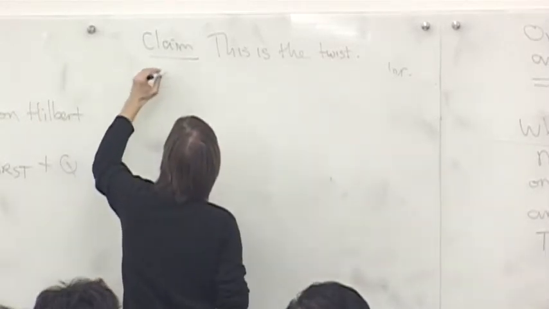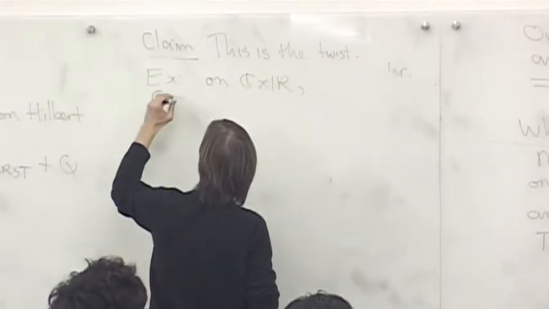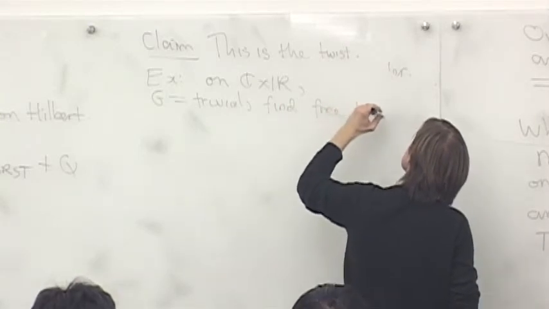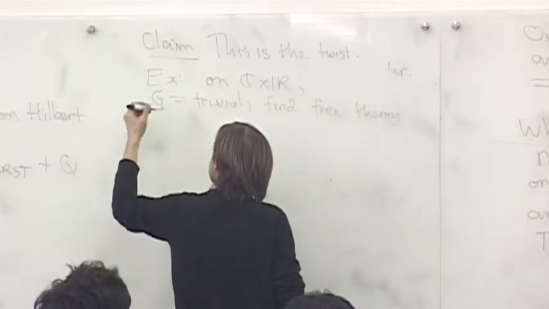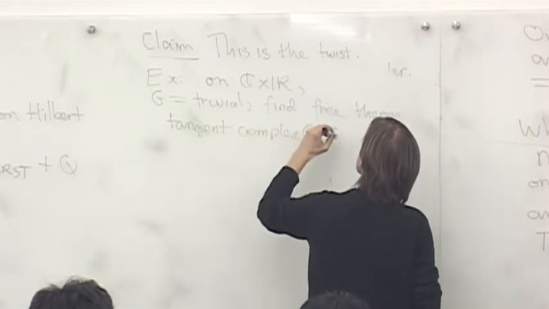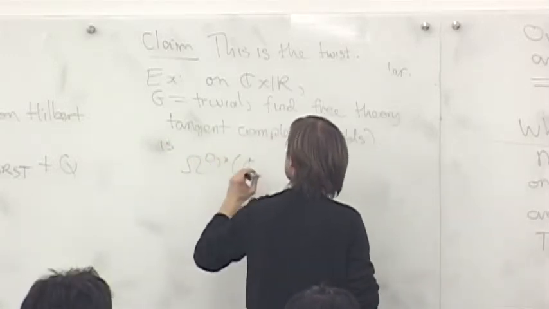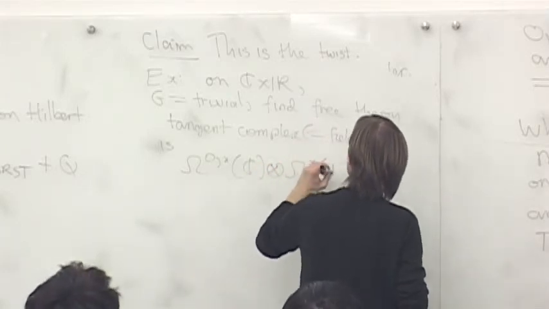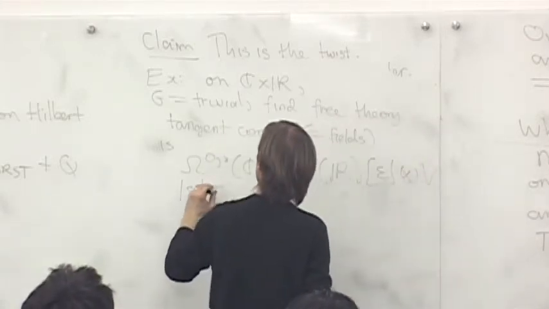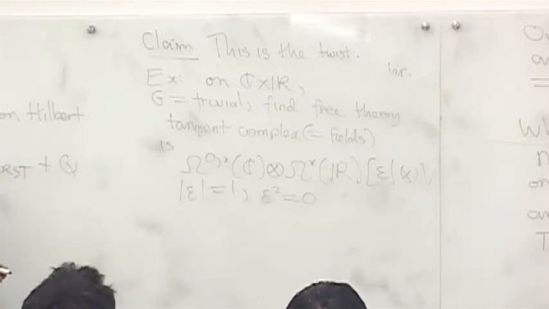So for example, if I work in flat space on C cross R, and if I just choose my group G to be trivial, we find free theory where the tangent complex, which you can think of as some version of linearized fields, is the Dolbeault complex of C tensor the de Rham complex of R, join some epsilon, or epsilon tensor V is of degree 1. So this is exactly what you would get if you twist this free hypermultiplet.